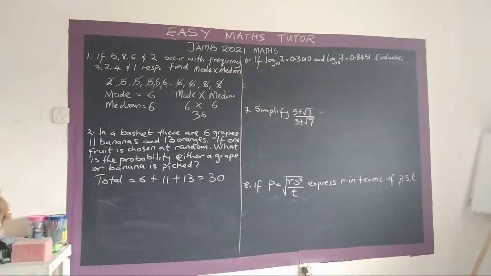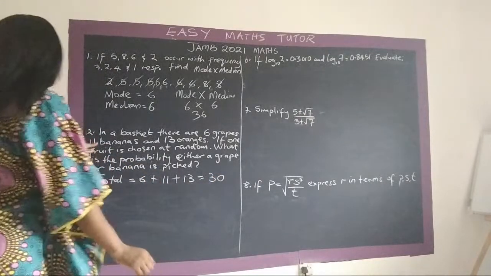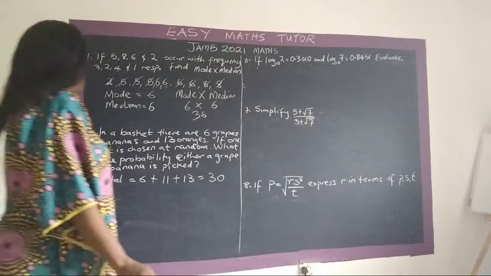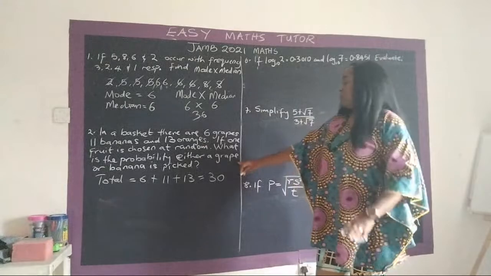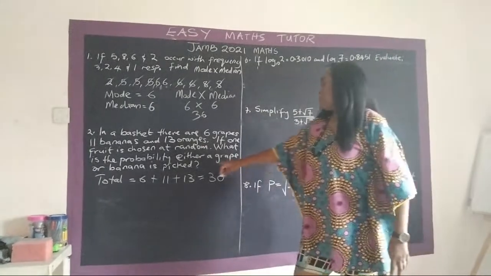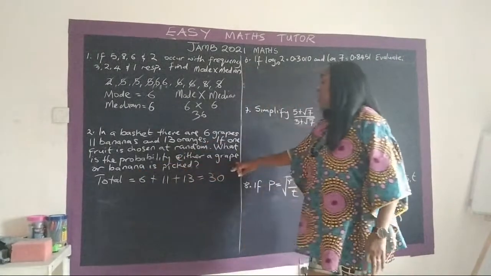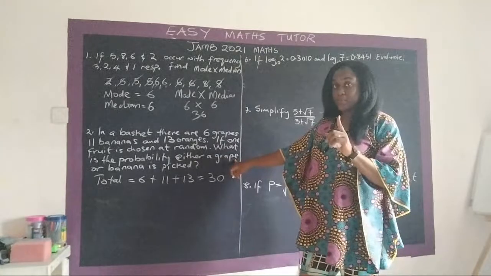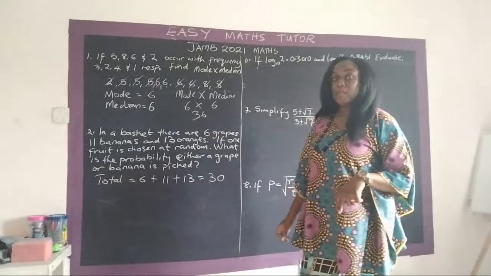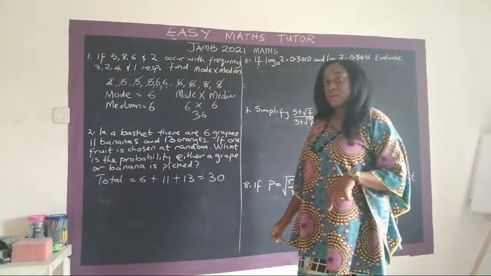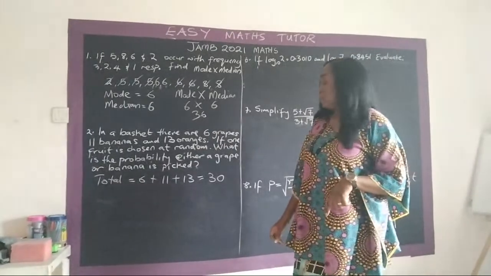Then we find the probability, because the fruit in question is the grape and the banana. So we find the probability of picking a grape and the probability of picking a banana.